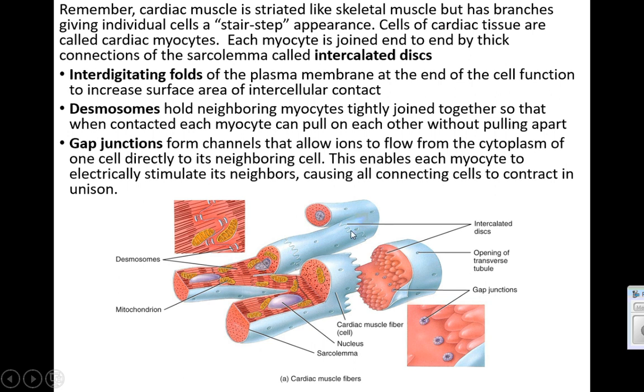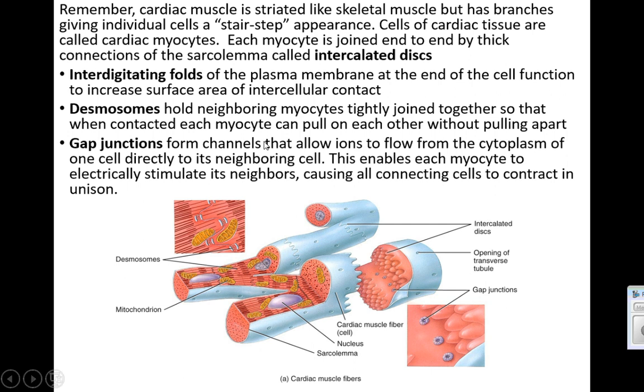Associated with those intercalated discs are 3 important structures. These first 2 help hold those fibers together. We've got interdigitating folds, which are these little finger-like extensions increasing cell surface area or surface area for intercellular contact, like taking your fingers, locking them in together, fitting together like a puzzle. Okay?